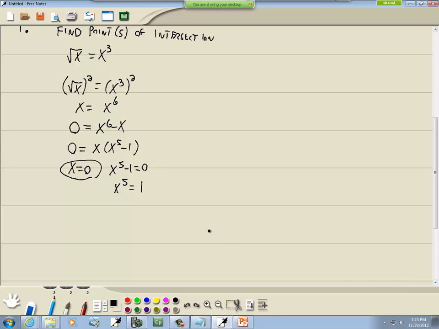From college algebra, let me write this as 5 over 1. We could raise both sides to the reciprocal of the power. We'll take both sides to the 1/5 power, and those 5s would cancel. And we got x is equal to 1 to a power, which is just x is equal to 1.